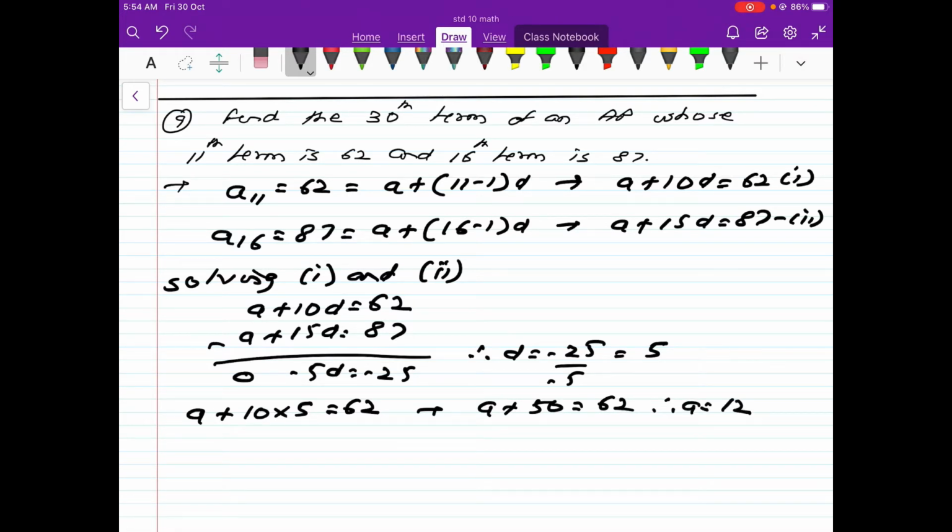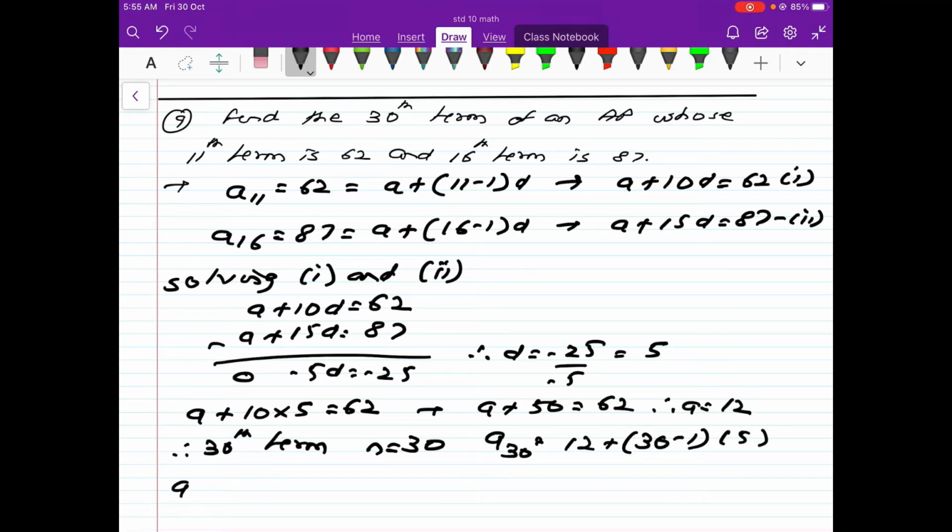Now we have all the things. So now we want the 30th term. So the 30th term is, n is equal to 30 here. So we will write a30 is equal to a, which we got as 12, plus n minus 1. n is 30, 30 minus 1 into d, which is 5.